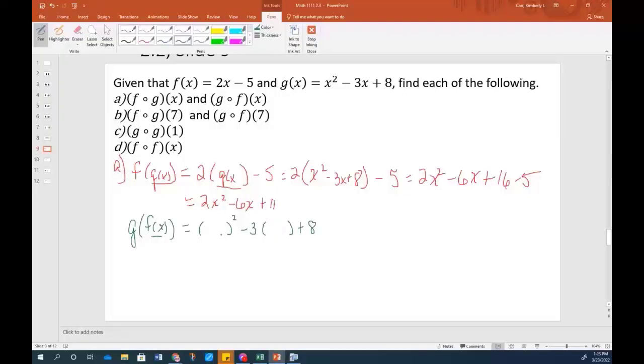But now my inside function for both of these little places needs to be f of x. So what is f of x? Well, again, I could have written it as something squared minus 3 times something plus 8. And now inside those parentheses, I'm going to put my f of x. f of x is 2x minus 5.